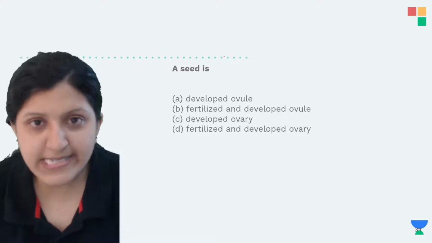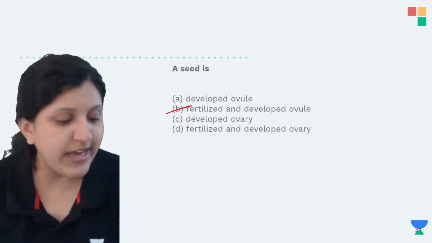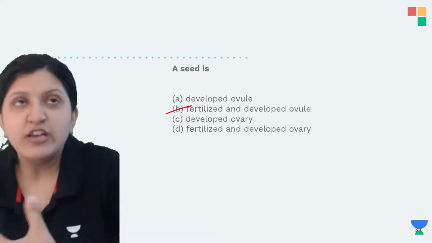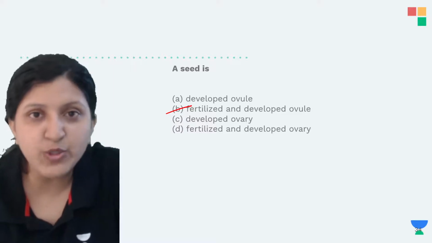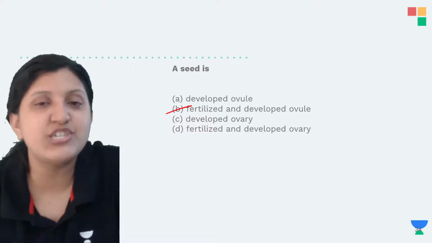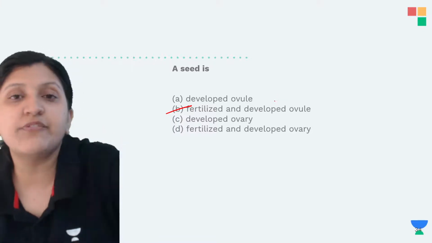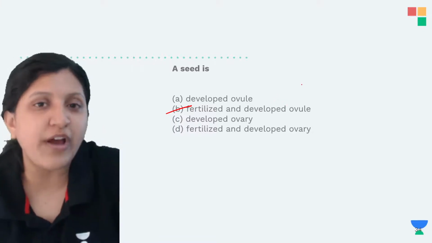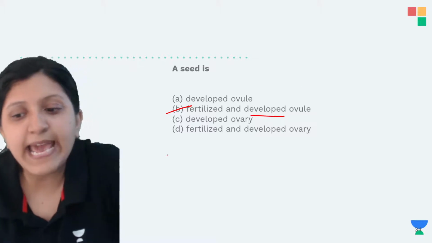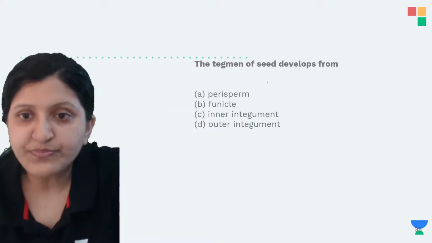So this seed is a fertilized and developed ovule. Only after the fertilization can you see the ovule converting into a seed. So seed formation happens after the fertilization, and hence it is a developed ovule.